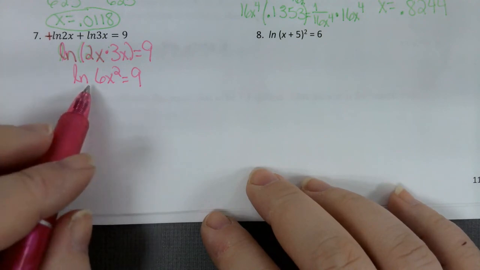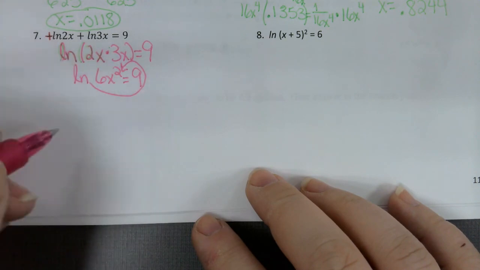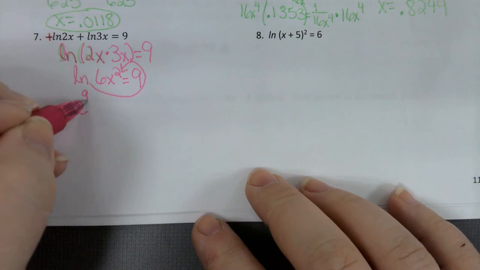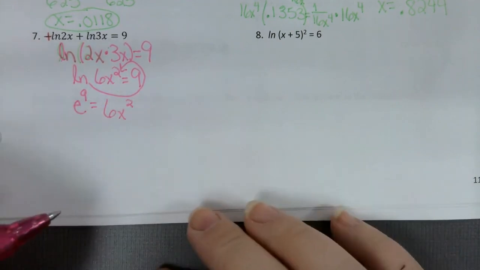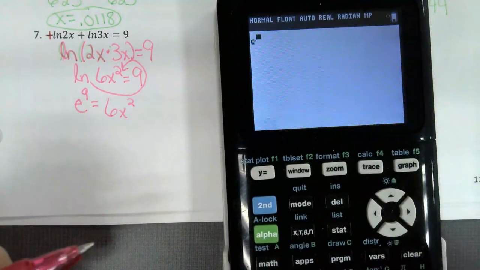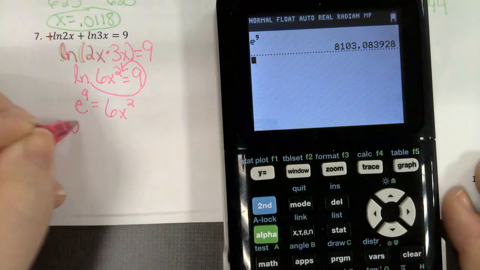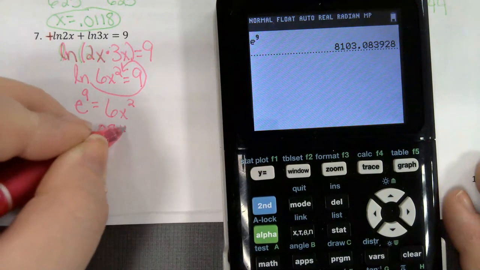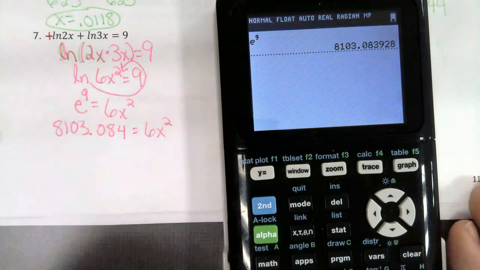Now my natural log's alone, so I can convert into exponential form. So the base is e, the number is 9, and I'm trying to get to 6x to the second power. So on my calculator, I'll type e to the ninth power, 8,103.084 equals 6x to the second.